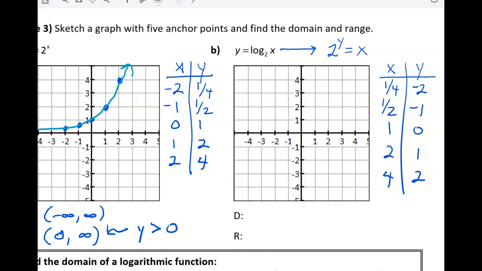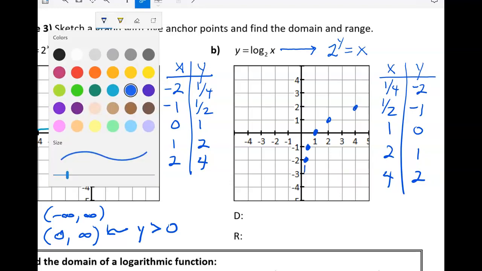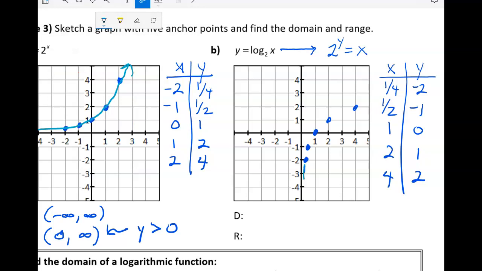So let's graph those points. Over 1/4 down 2, over 1/2 down 1, over 1 down 0, over 2 up 1, over 4 up 2. And this graph should look a lot like, in terms of shape, the exponential function that we just graphed.